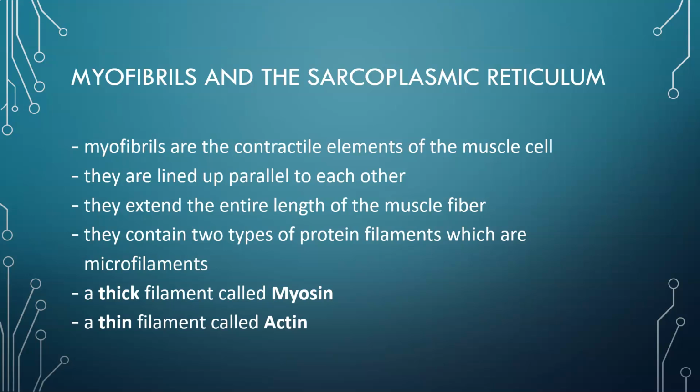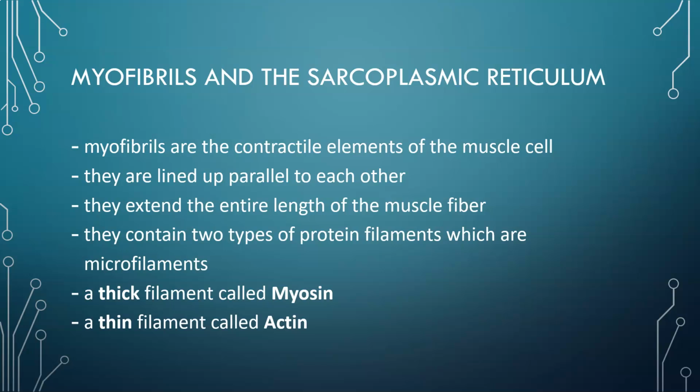So the myofiber runs parallel to the other myofibers within the cell. And of course, we have the fascicles and so forth, and everything runs parallel along. These myofibrils also run parallel to each other along that line, and they too can extend the entire length of the muscle fiber.